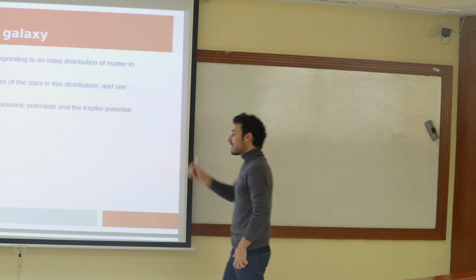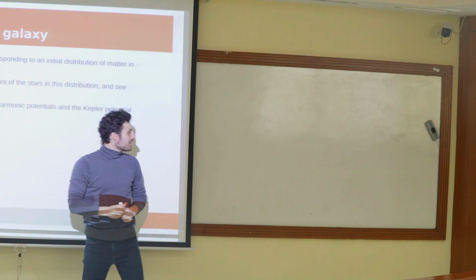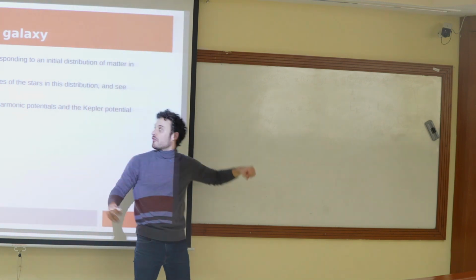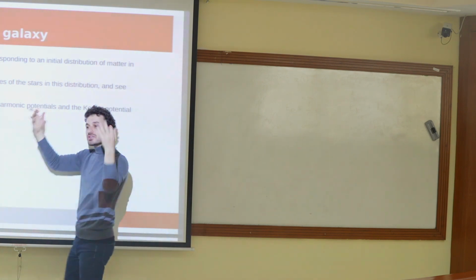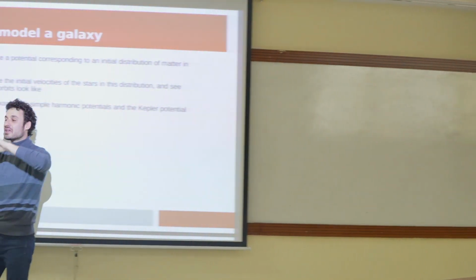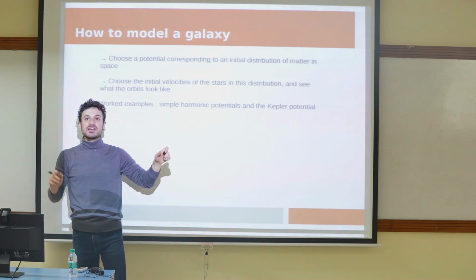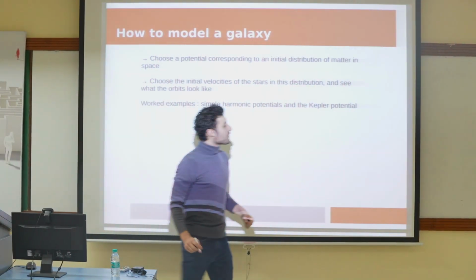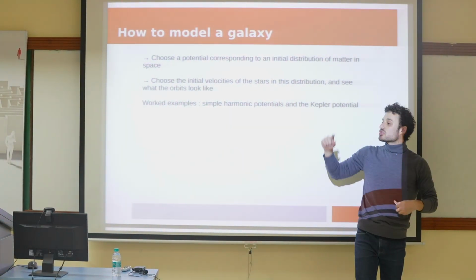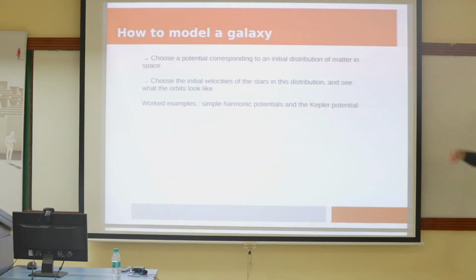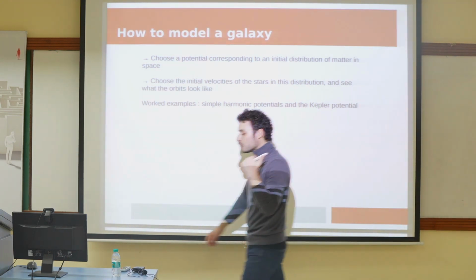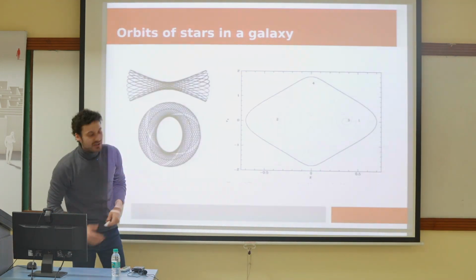If you start out with a matter distribution that is homogeneous, so just matter being distributed everywhere evenly, then the kind of orbits that you'll see will be the same as in a harmonic oscillator. So there'll be circles in phase space. In real space, what it'll look like is something like that.